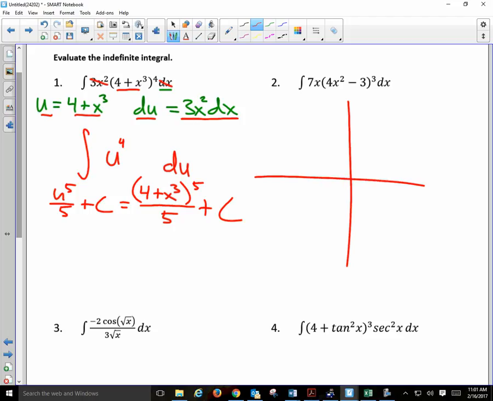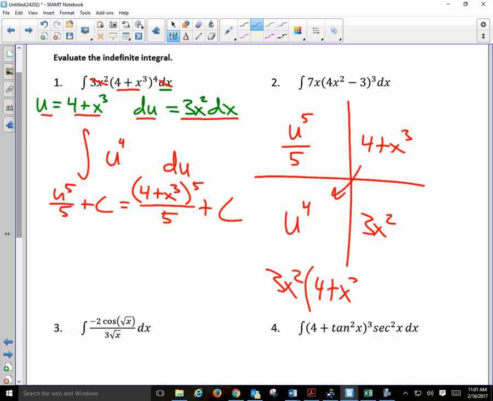You would use the chain rule to take that derivative, correct? And you have u to the 5th over 5, where u is 4 plus x cubed. What is the derivative of u to the 5th over 5? U to the 4th. What's the derivative of this? And so you get 3x squared times 4 plus x cubed to the 4th power.